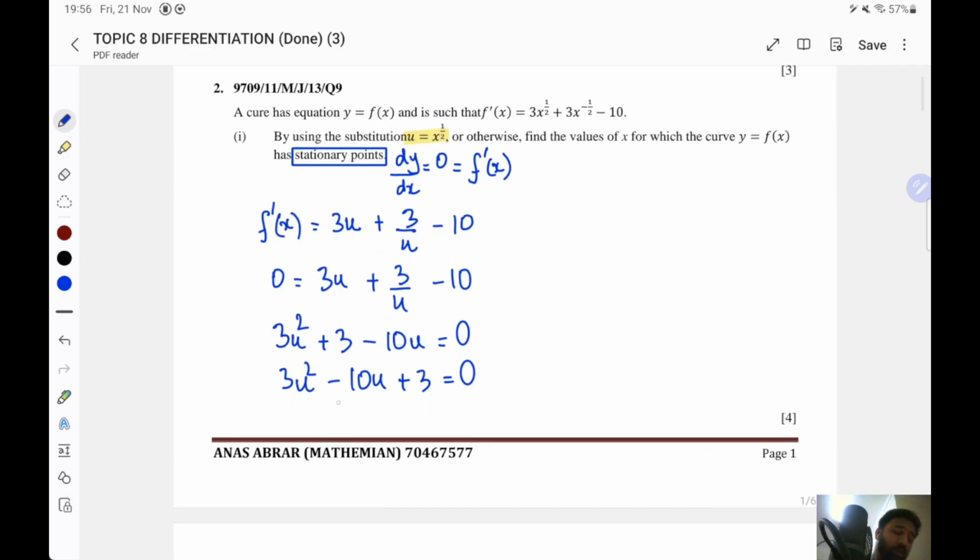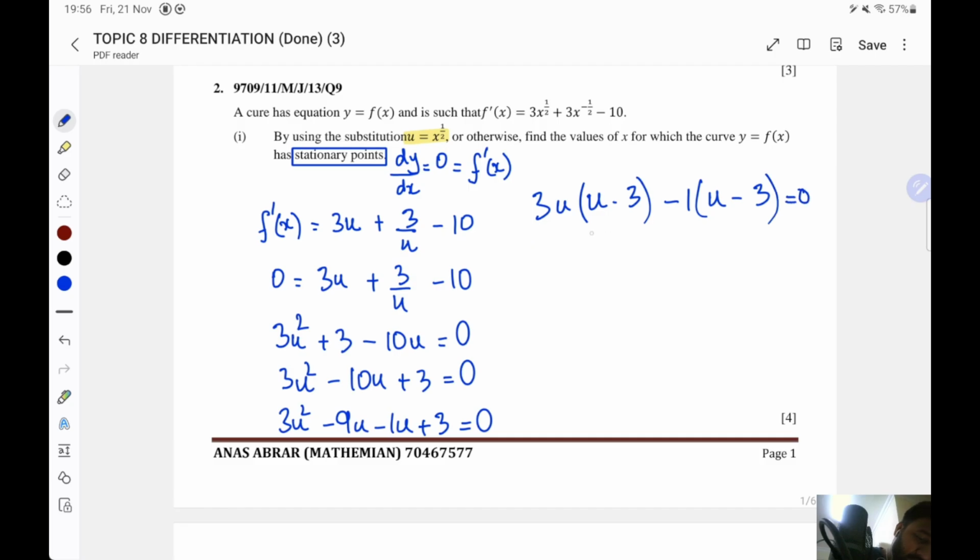It's 9 and 1, so 3u squared minus 9u minus 1u plus 3 equals 0. So 3u is common, which gives u minus 3, minus 1, and u minus 3, equals 0. So u minus 3 and 3u minus 1 equals 0.